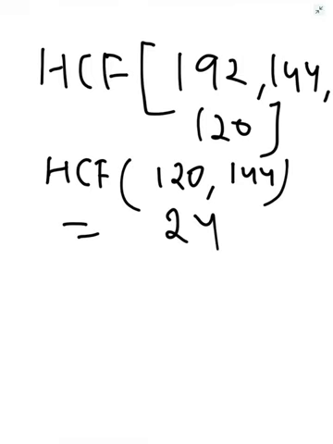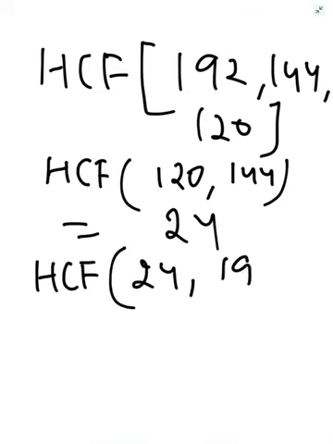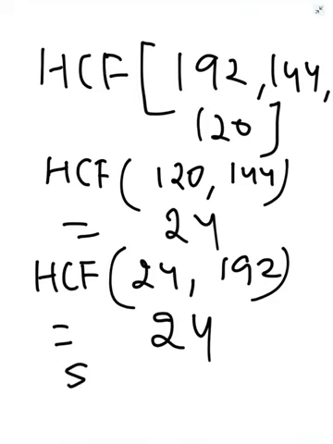But there is third number also involved, 192. So again I will take the HCF of 24 and 192 to get the final HCF. So final HCF will be 24. So 24 is the HCF of all these 3 numbers, 192, 144 and 120. But what does this practically mean?